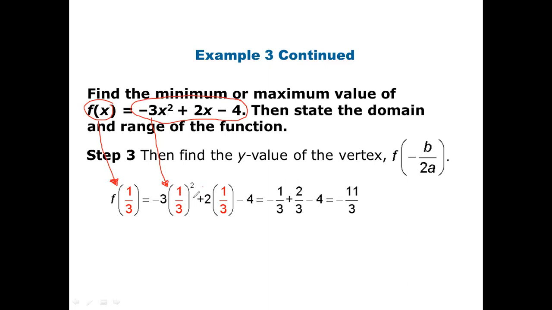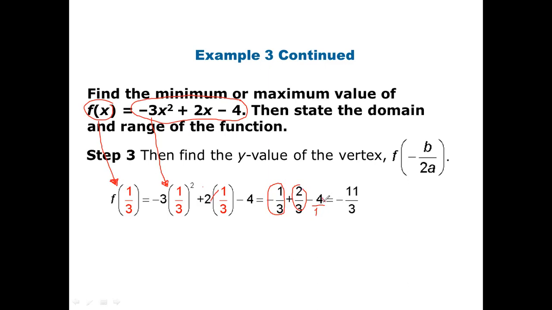So you have here now the answer, -1/3 plus 2/3. Okay, here 2/3 minus 4. Take note, 4 has a denominator of 1. So that will be converted so that they will have the same denominator of 3.